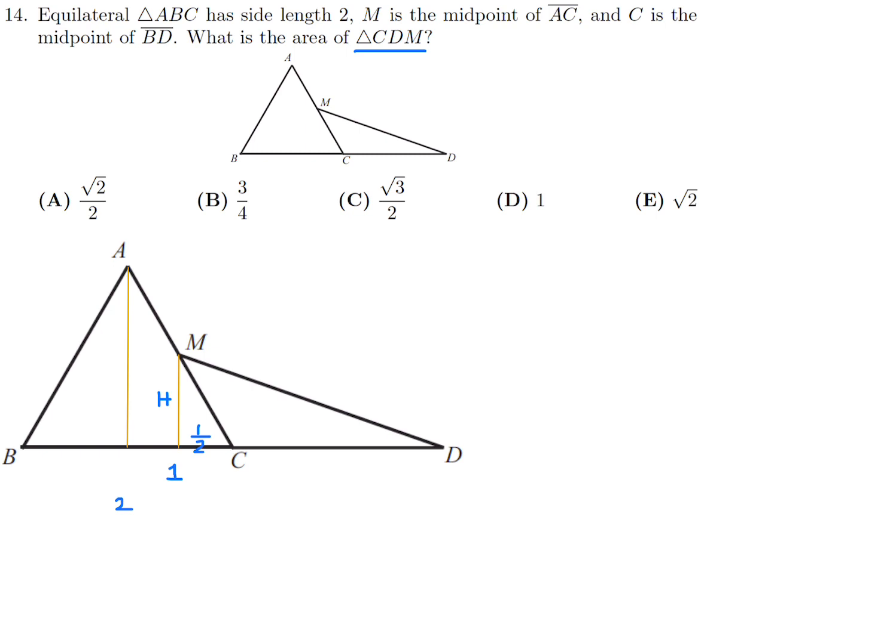So that means that the distance from B to C is the same as the distance from C to D. Now B to C is 2, so therefore CD is 2. So the area of triangle CDM is 1/2 base, which is CD, which is 2, times height, which I have labeled as H. So that just becomes H. So all I have to do is figure out H, and then I'm set.